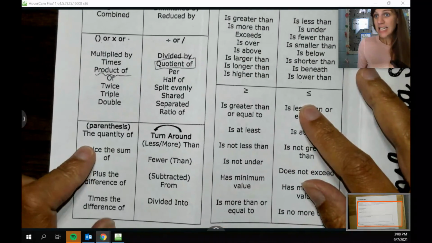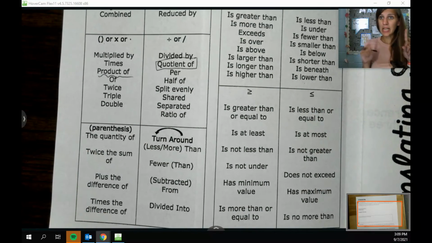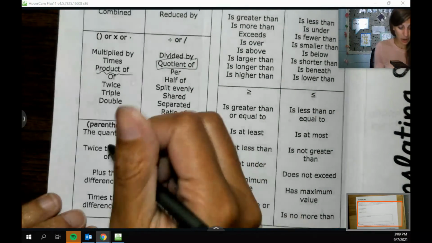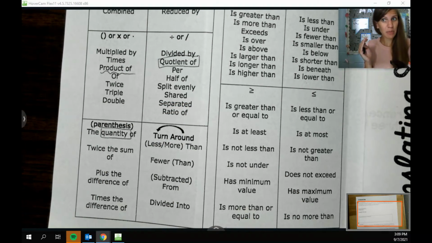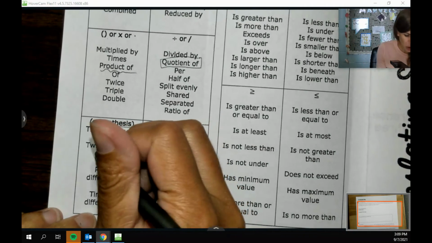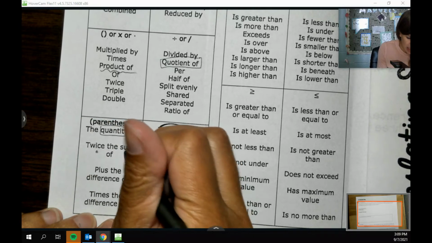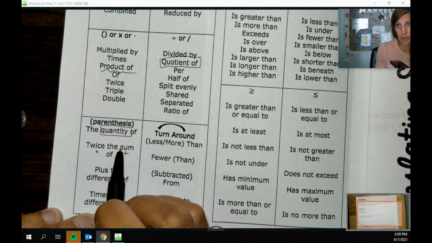And then if I need to add parentheses in my problem, you're going to notice either one word, like the word quantity, means I should have parentheses, or you're going to notice that you have two mathy words sort of back to back. Like twice the sum, I have two mathy words back to back, no number in between.